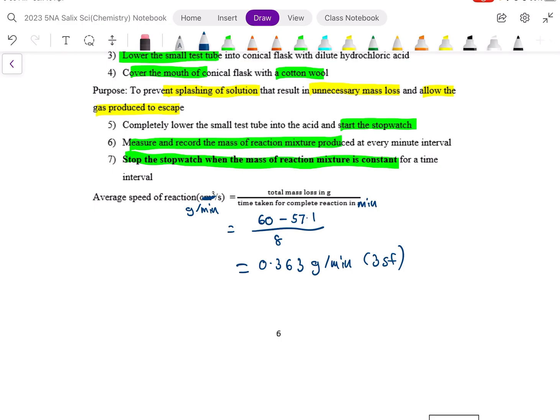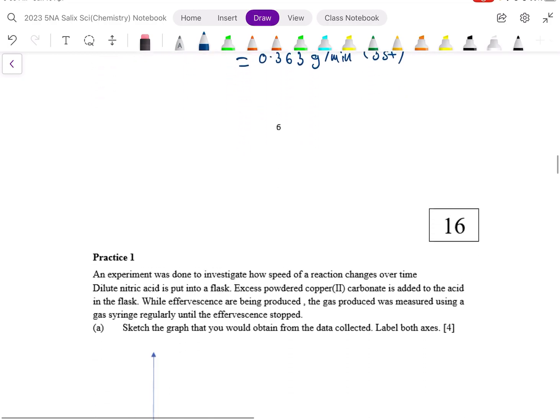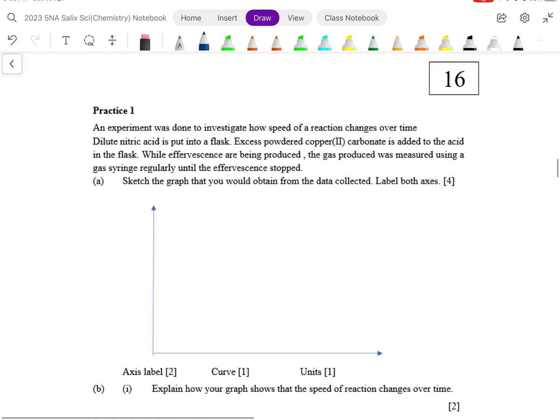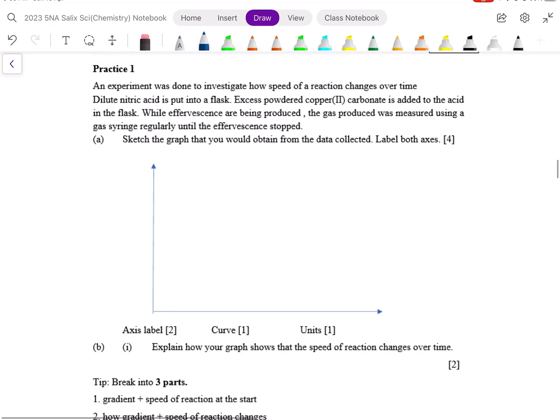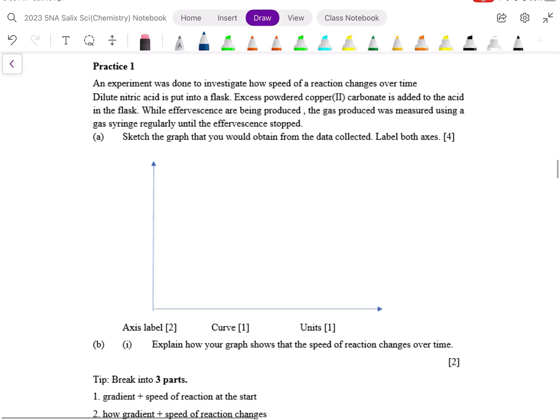Sometimes you'll be asked to write down in words rather than doing a calculation, depending on the question. Let's have a look at some practice questions, with some tips on how to answer them. These are all past year O-level questions. There are quite a lot of questions on speed of reaction in O-levels, and they require you to write quite a bit.